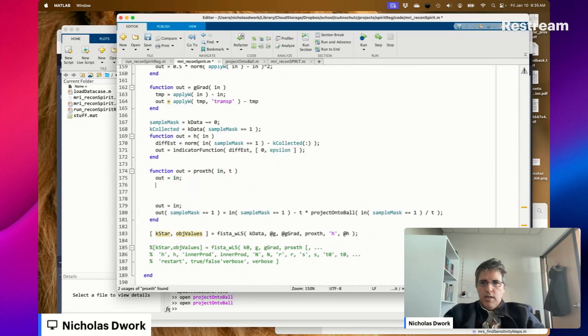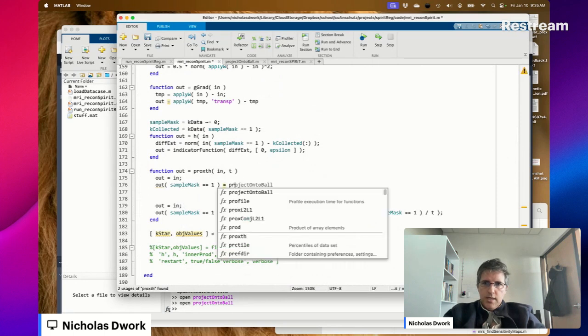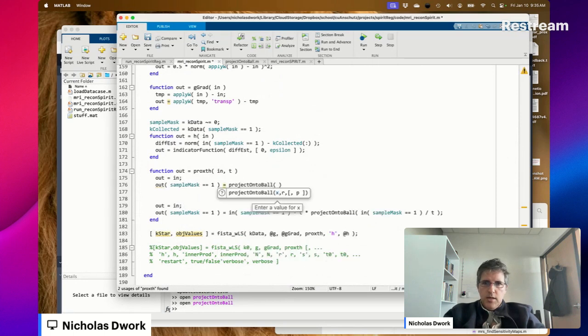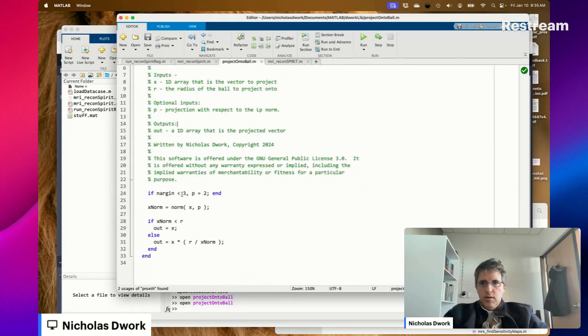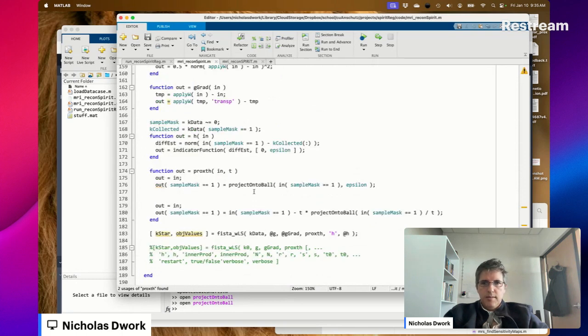Out equals in, out sample mask equals 1 equals project onto the ball in sample mask equals 1, radius epsilon, and the L2 norm. If n argument is less than 3, then P is 2. Great.